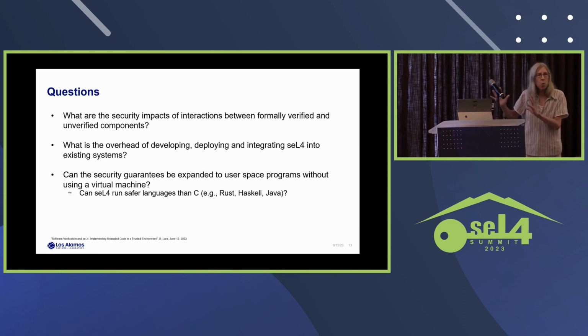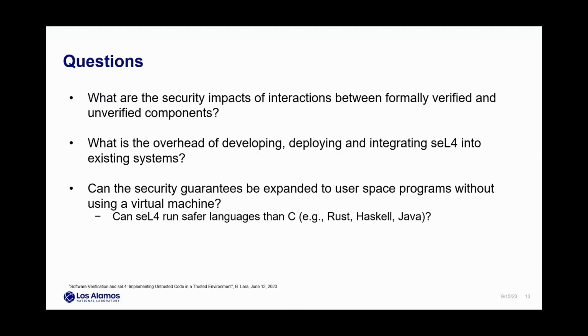So these are some questions that maybe you can think about as I'm giving the rest of the presentation, because on the last slide, I'm going to come back to these and try and answer them. First, what are the security impacts of the interactions between formally and informally verified components?